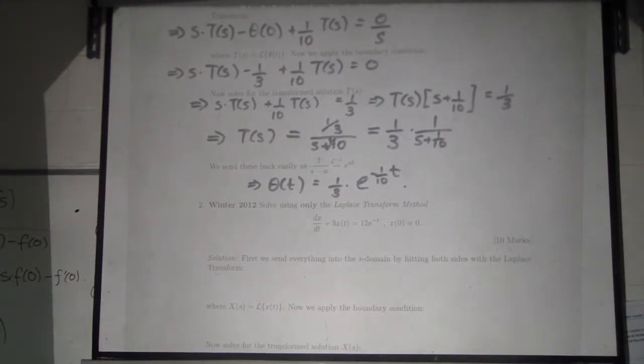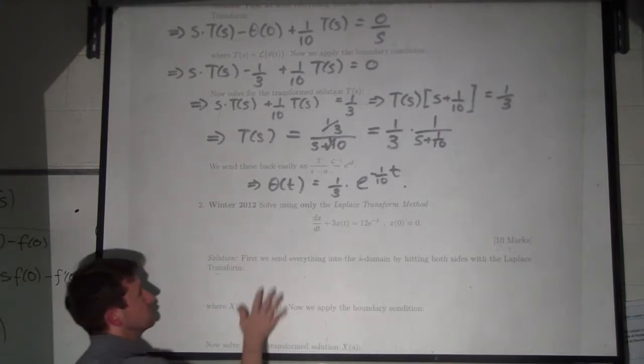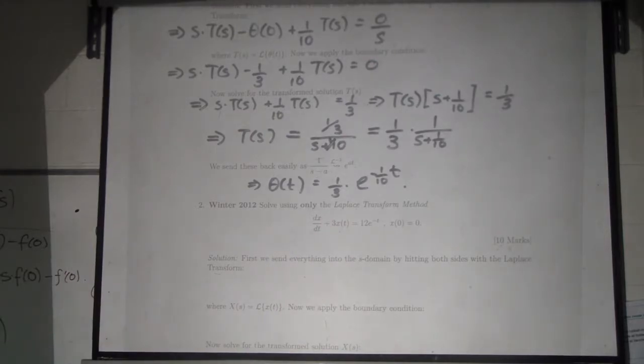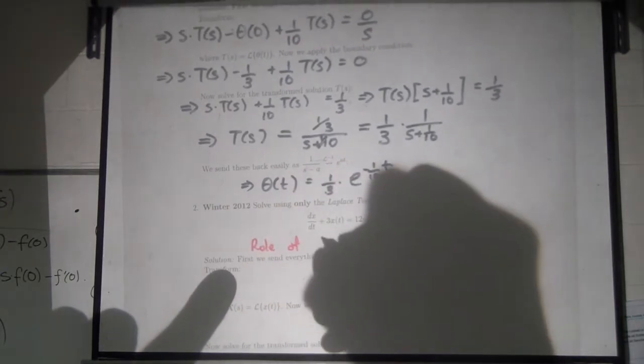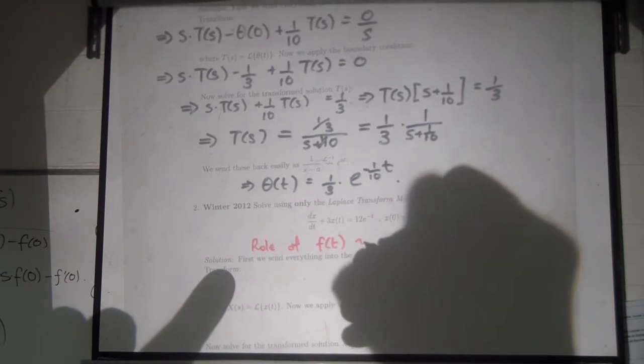So another differential equation. This one doesn't actually model anything in particular, just an abstract one. So off we go. Now, I might write down here the role of f of t. Is played by what?